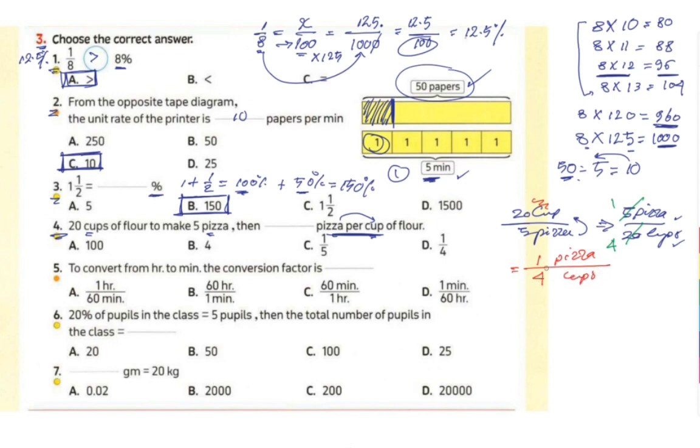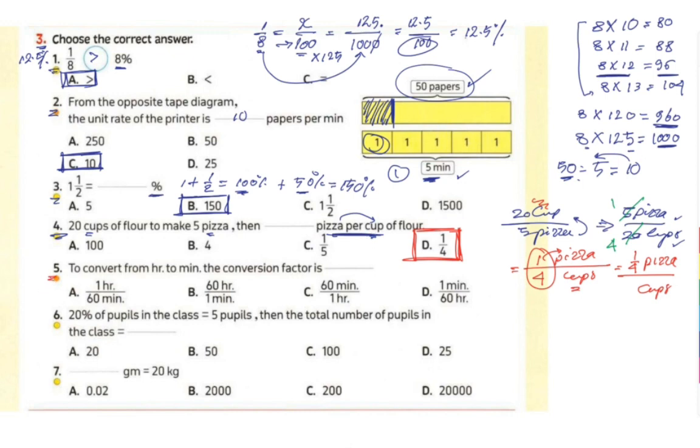If I put this 1 over 4 with pizza, just 1 cup. So that's 1 over 4 pizza over 1 cup. Okay, now I will choose 1 over 4. So to make 1 over 4 pizza, I need just 1 cup of flour.